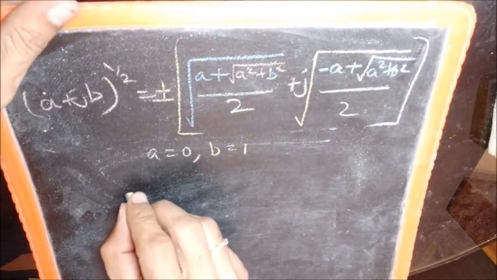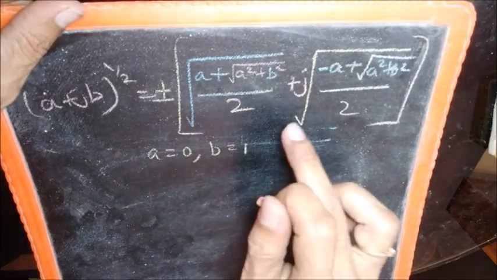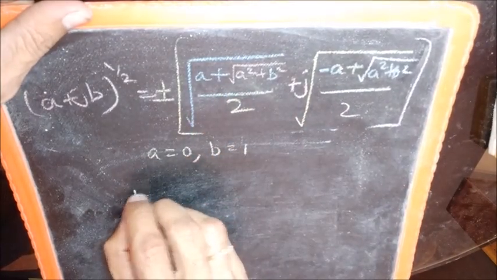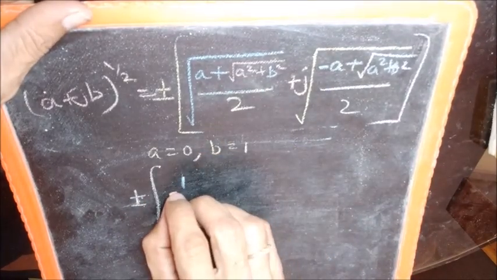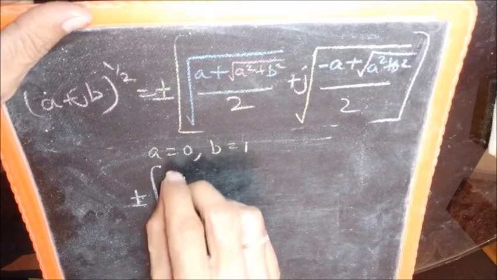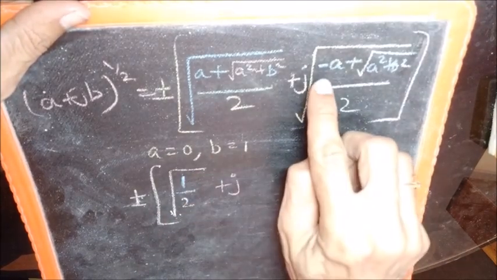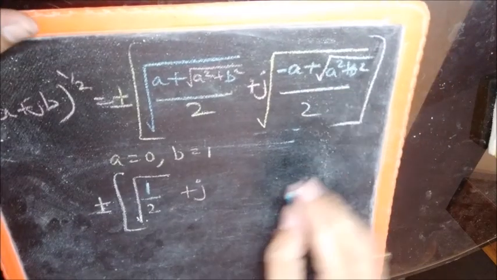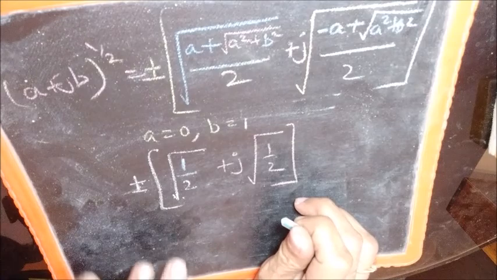If I substitute a as 0 and b as 1, I will get plus or minus root of 1 by 2, plus j root of 1 by 2. This is the square root of j.